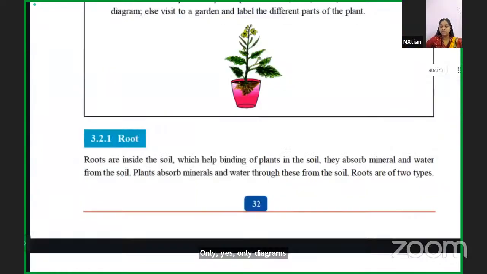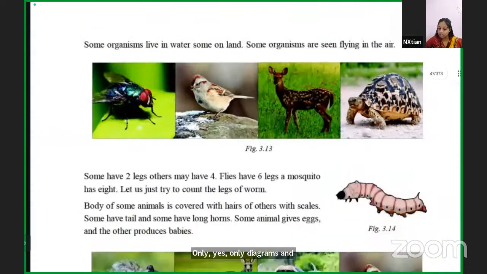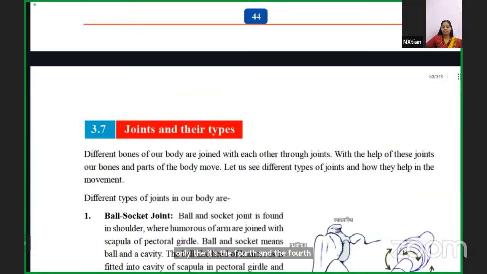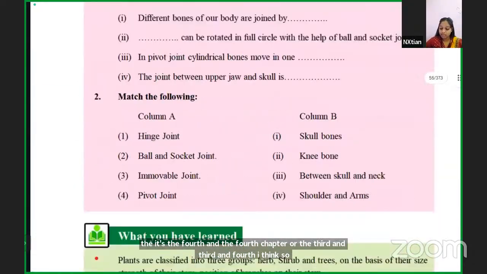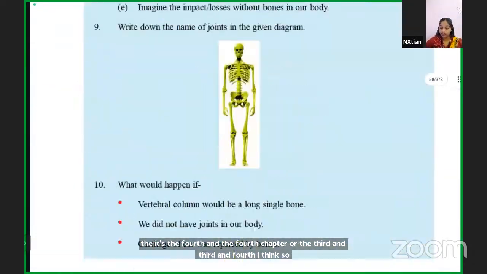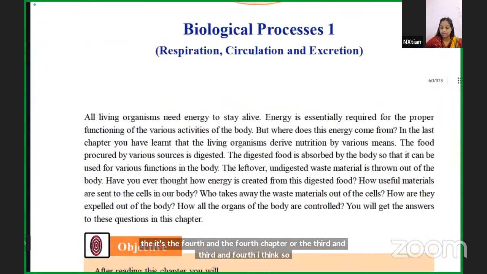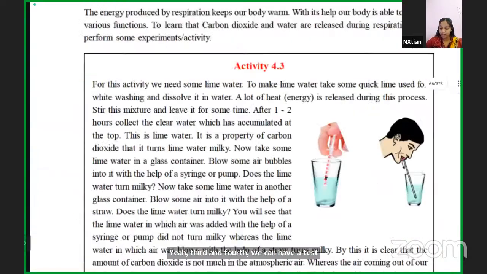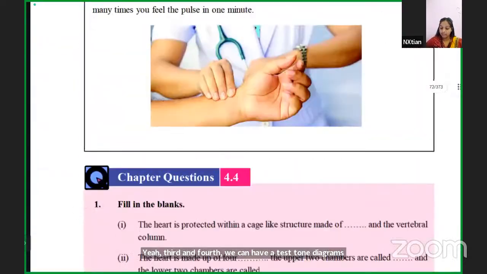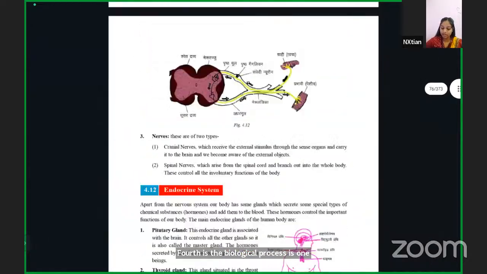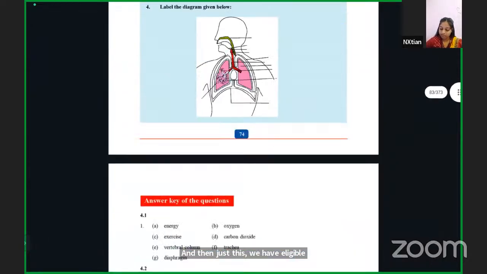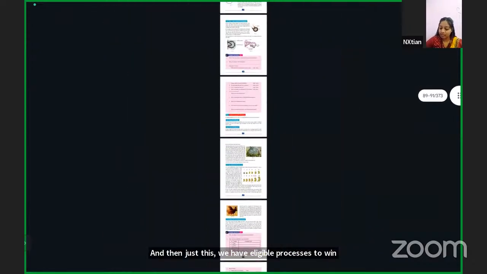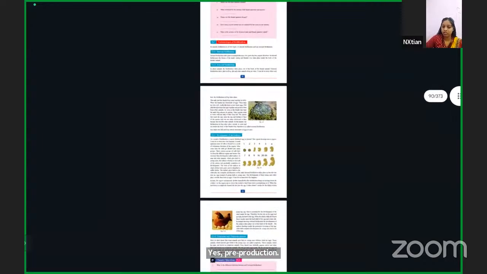It's the fourth and the fifth chapter or the third and fourth, I think so. Yeah, third and fourth. We can have a test on diagrams. Fourth is the biological processes one, and then fifth is biological processes two, reproduction. So we can have these tests.